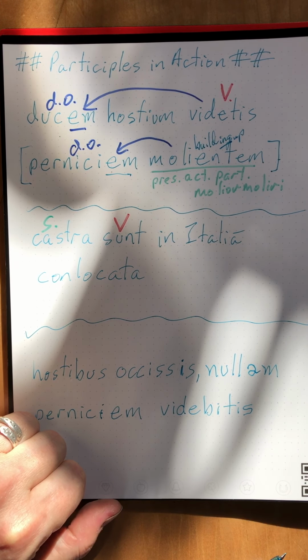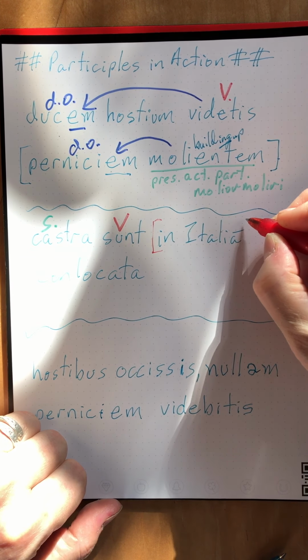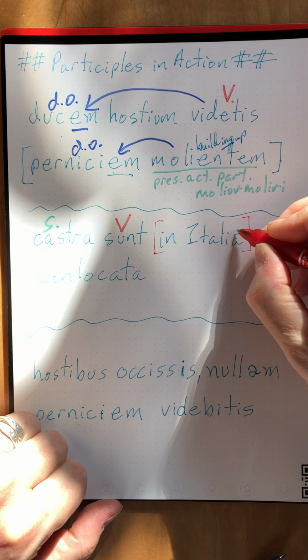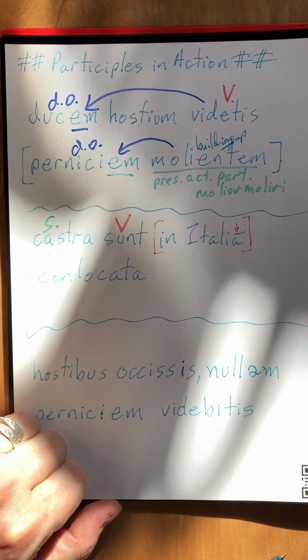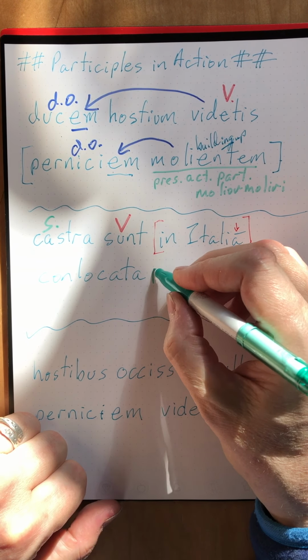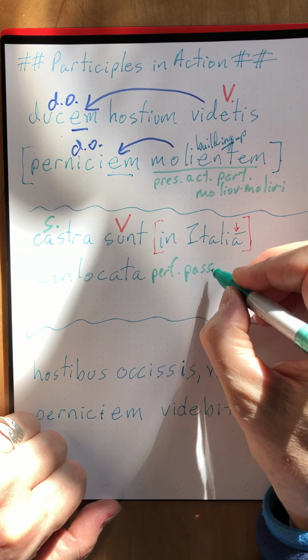We've got a little prepositional phrase here. Knock that one out. In Italy, you see the macron over the A. That's an ablative. And conlocata. All right. This is the perfect passive participle.